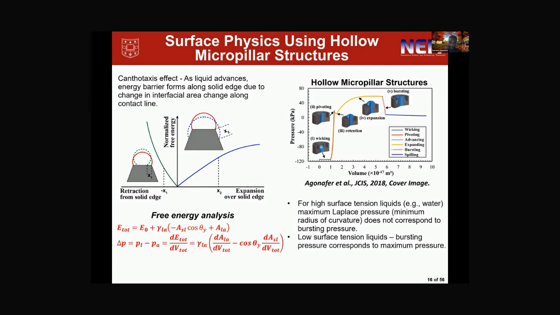As opposed to that, for low surface tension liquids, the bursting pressure does correspond to the maximum pressure, and the maximum pressure occurs at the outer diameter of the hollow micropillar structure. We'll see this a little later, but this is attributed to low surface tension liquids having infinitesimal contact angles compared to high surface tension liquids such as water. This is the reason you get different behavior in terms of the contact line dynamics.